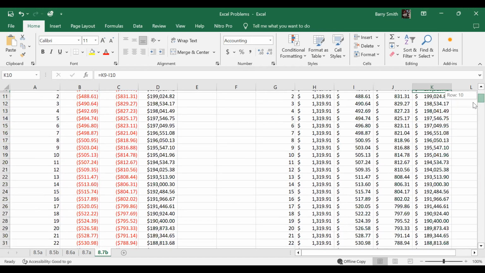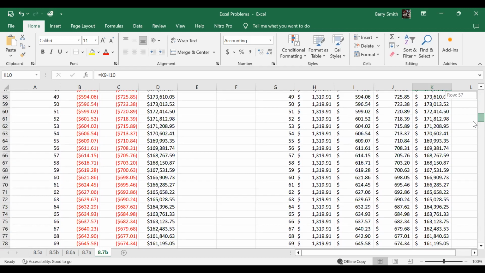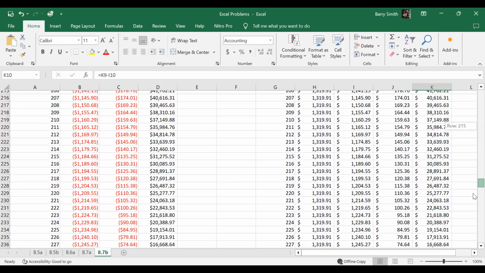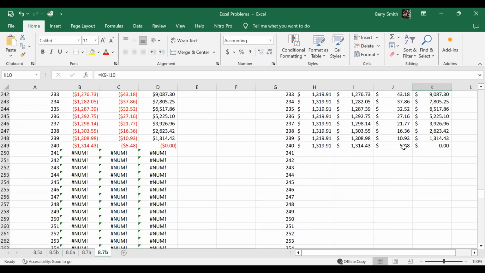Then as we go down, they're getting higher for the principal, lower for interest. At this point here, we already have more principal than interest. That's a good thing, because that's how we want it to be. After about 80 payments, we already have more payment going to principal than interest. Then we get down to the bottom. The very last month is very little interest and almost all principal.